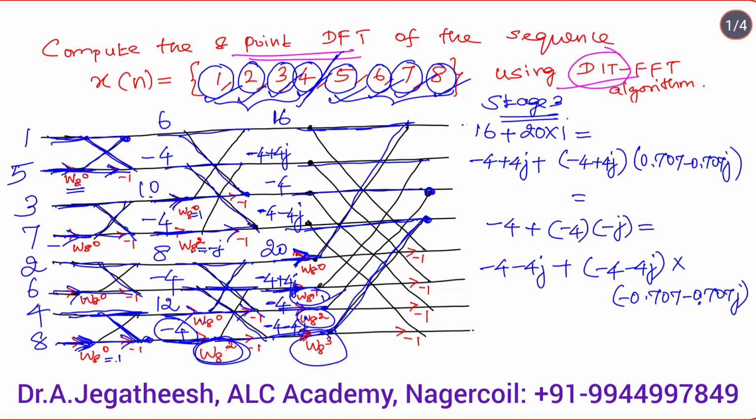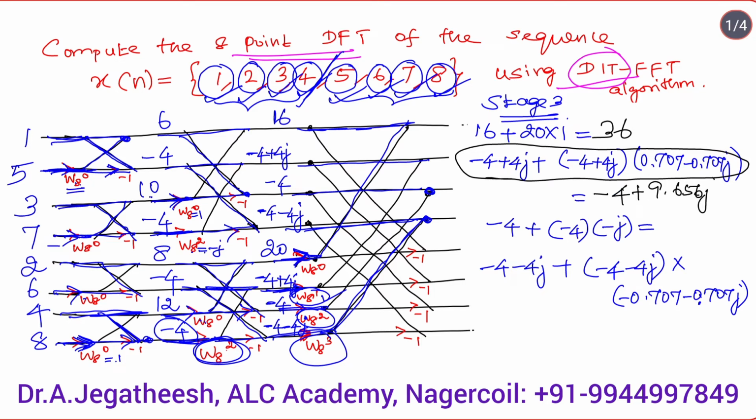Now you can use a calculator to find these answers. Here you will get 36. If you use a calculator to type these complex values, you will get minus 4 plus 9.656j. At the end of this video, I will explain how these terms can be entered into a calculator to get this final result.